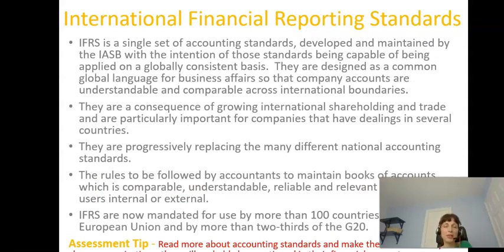The International Financial Reporting Standards will tend to be the ones which they're complying with, but just have a look in a little more detail. Double check which one your particular organisation is looking at, and then you can look at this slide in more detail, or other material, to see what compliance or adherence to that actually means.